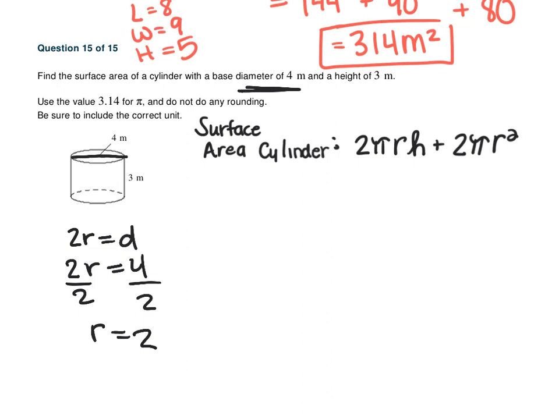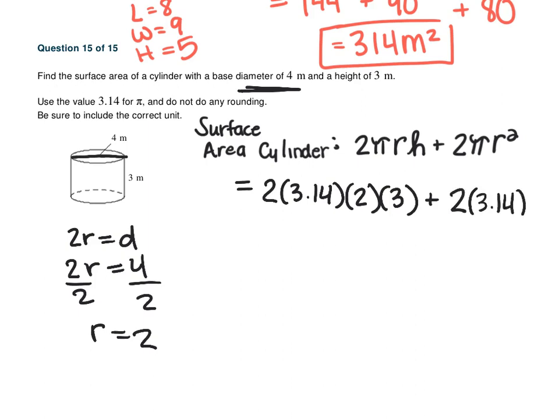So now I'm just plugging what I know into my formula. 2 times 3.14 times 2 times 3, which is my height, plus 2 times 3.14 times my 2 squared.